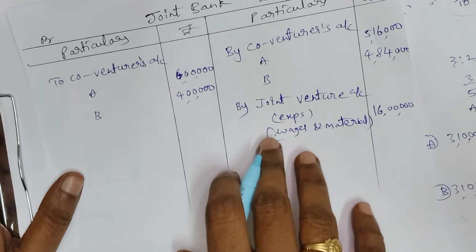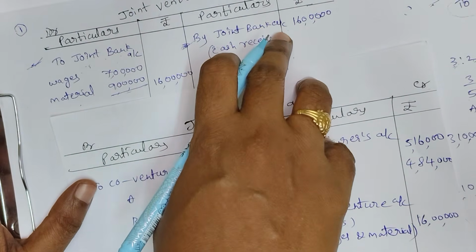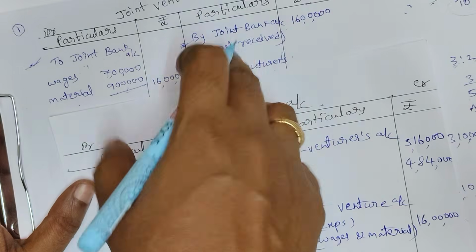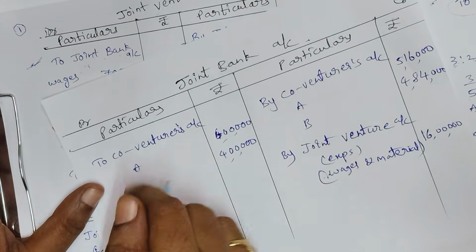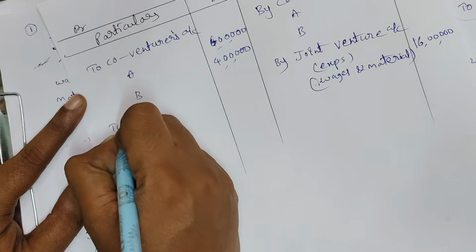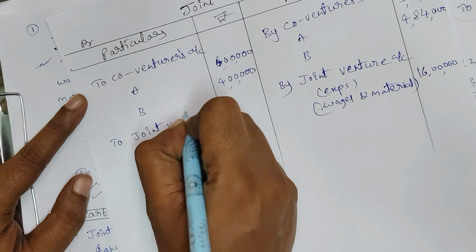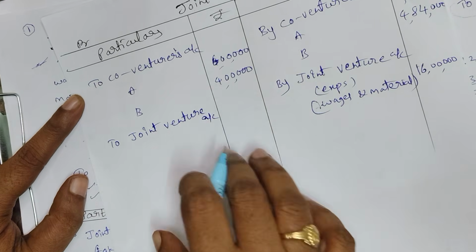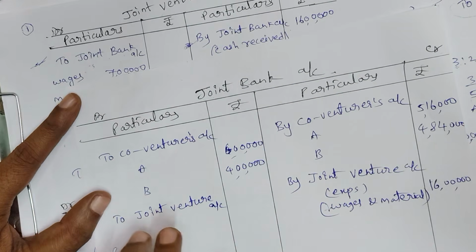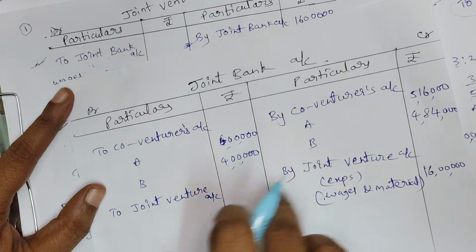After writing this, next, on the credit side also we have joint bank account. So here joint bank account is credited; in the joint bank account, joint venture will be debited. We have to write the account name from which we are posting. Since we are taking it from joint venture, you need to write joint venture here also.